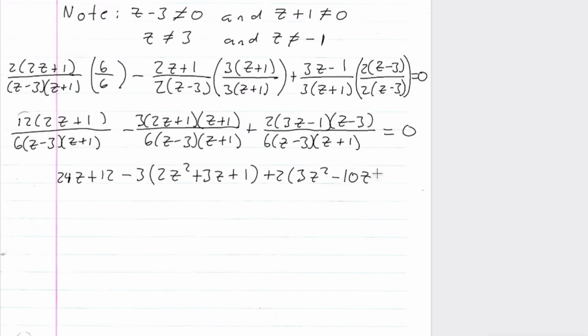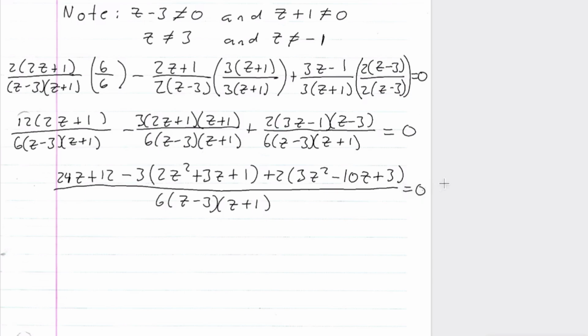Negative 1 times negative 3 is plus 3, and that's all over 6 times z minus 3 times z plus 1, and that's equal to 0.